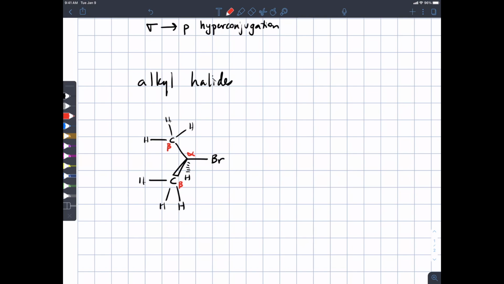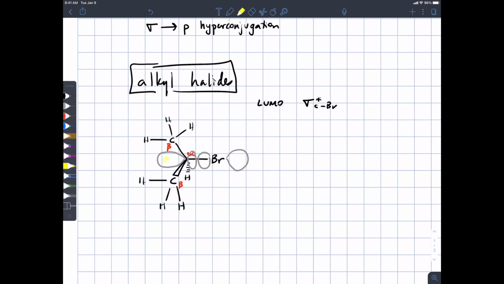It just so happens that in the example I've chosen to show you, the beta carbons are both the same. All right, now in an alkyl halide, normally we would have described the LUMO as being the carbon-halide sigma star, which to draw would have looked like this, sort of smaller lobes pointing inward to where the node is and larger lobes on the outside away from the area where the node is.